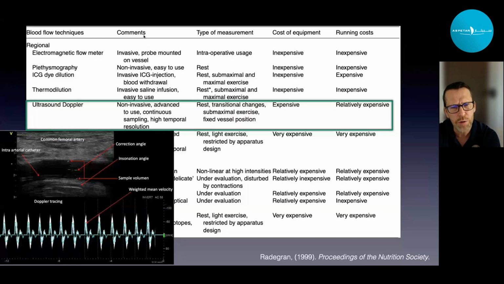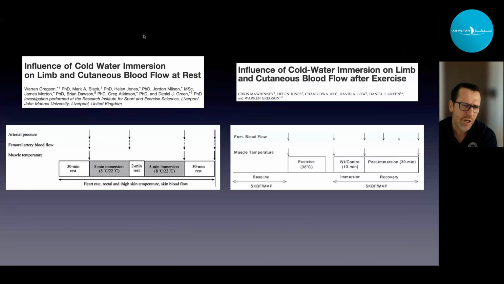So this ultrasound Doppler technique is something we used extensively, and assuming you have the right expertise, it's probably in this type of research the most effective tool that we have to measure regional blood flow. So that's how we were measuring femoral artery flow in some of the work I'll talk to you about. And over the last few years, we've done a number of studies to look at this blood flow response to cooling.